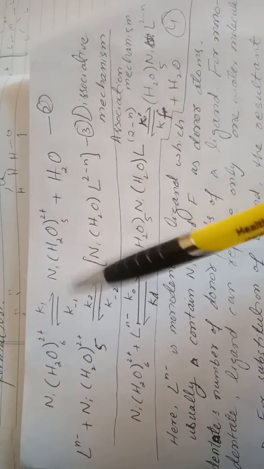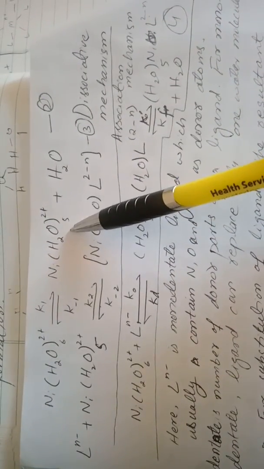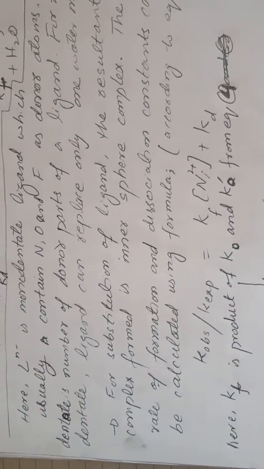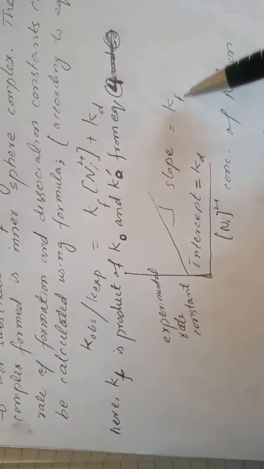Here we can see that the first one is the dissociative mechanism, in which an intermediate is formed having a lesser number of coordinated water molecules as compared to the original coordination complex of nickel, whereas for the case of associative mechanism, the number of coordination is increasing for this nickel, as the number of water molecules is 6 with the additional ligand in the coordination sphere, and these two processes are also reversible, and from these two processes we can calculate overall rate constants from the equation.